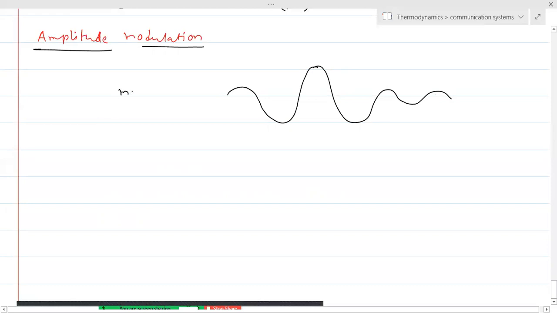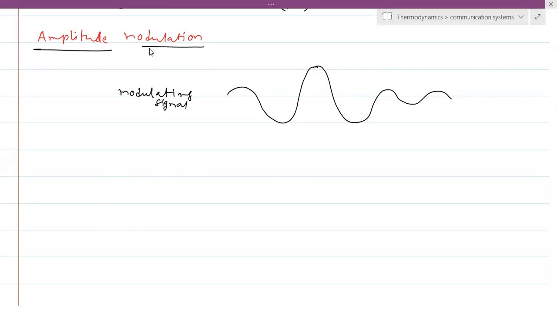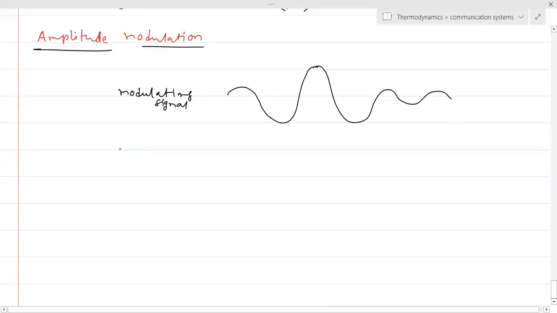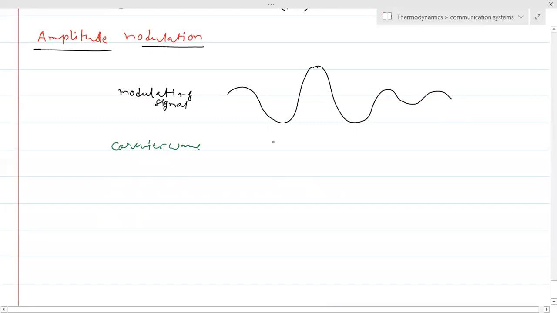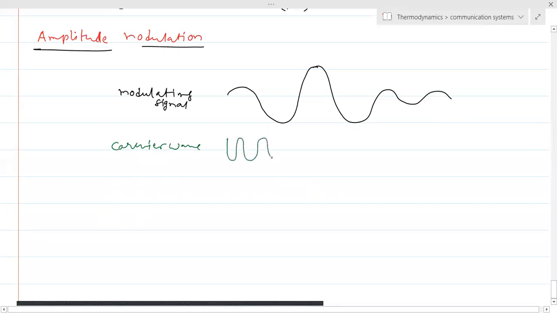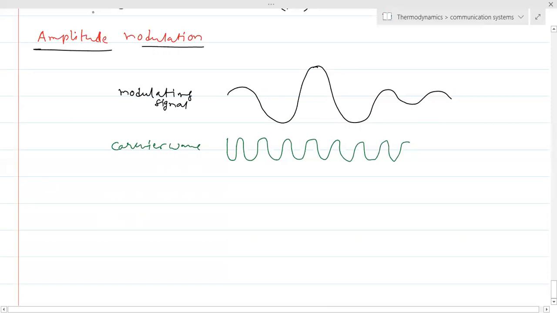So this is called as modulating signal. And the information matter. This is the message that we are speaking. And next we are taking carrier wave. Carrier wave means it carries our message signal from one place to another place. It has a fixed frequency with no variations to it. So this is about carrier wave.